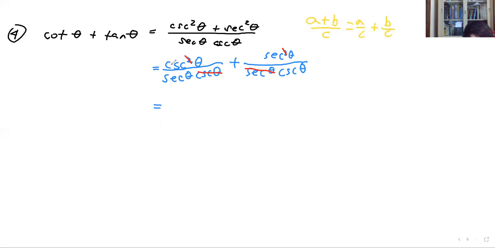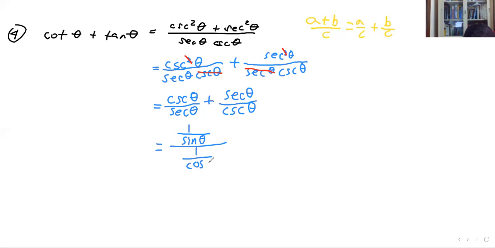So now, as you can see, it just became cosecant theta over secant theta plus secant theta over cosecant theta. We're getting close, so now we'll use the reciprocal identities again. Cosecant theta becomes 1 over sine theta, over 1 over cosine theta, and then it will be added to the other one, the reciprocal, 1 over cosine theta over 1 over sine theta.